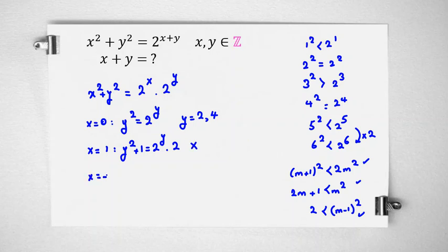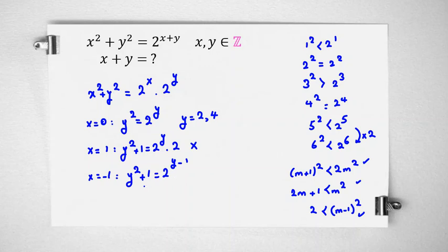Now let's check x equal to negative 1. Then again, y squared plus 1 equal to 2 to the y minus 1. Here y is at least 1, because the right side is an integer, so the exponent is at least 0. If you take 1, it doesn't work, it is 2, it is 1.